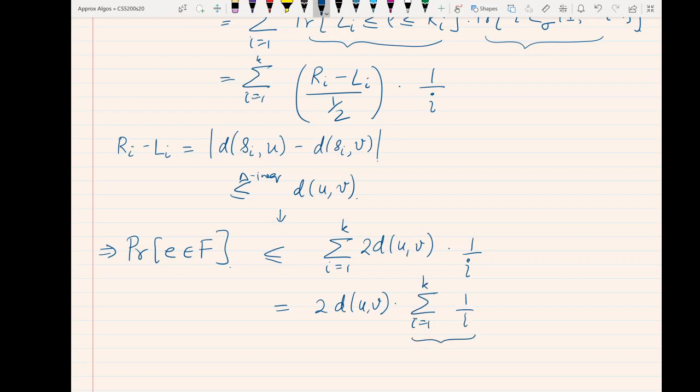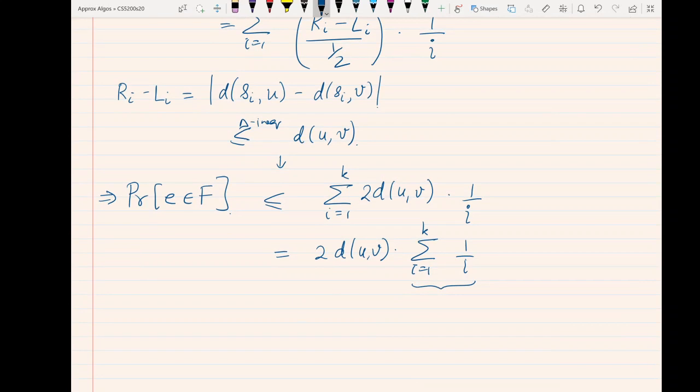And if you notice, this is exactly the kth harmonic number that we were looking for. So this proves the main lemma. And using the main lemma, we had seen how we prove our initial claim.